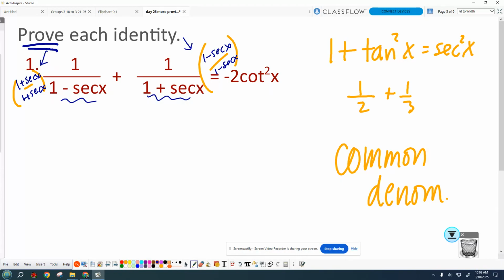This is 1 plus. This guy, you're multiplying by 1, no, you're multiplying by 1 minus secant x. So split the cancel out. Like I had a thought process, but Holly?